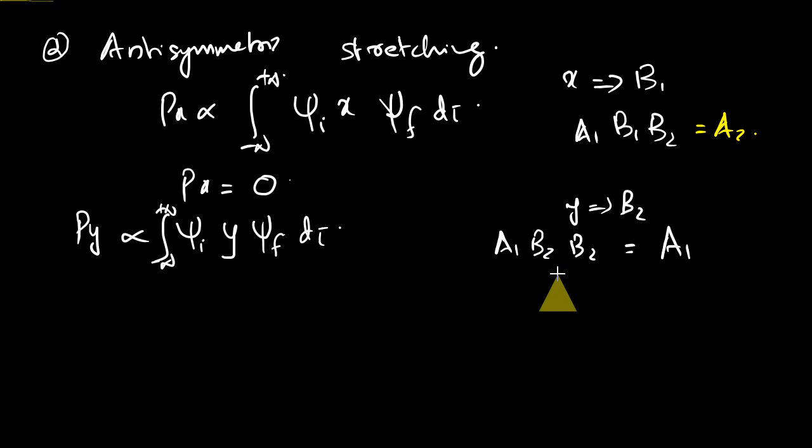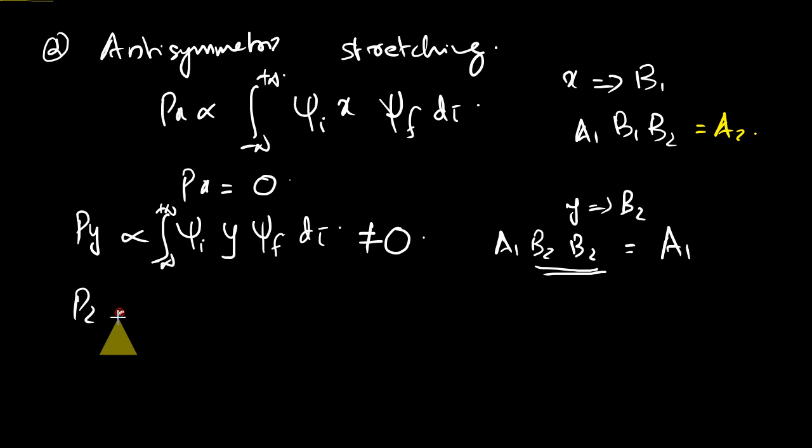You already saw when we were talking about direct products that B2 B2 will always be equal to the totally symmetric A1. So in this case, Py will be non-zero, because the direct product gives a totally symmetric representation. Therefore, I can write Py is not equal to 0.